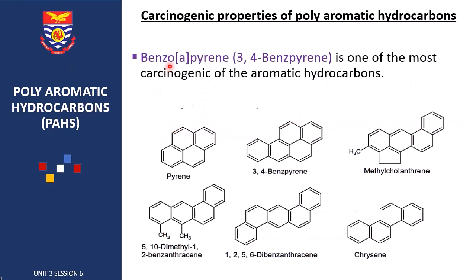Okay, so these are all other examples of these carcinogens. So these cancer-causing agents, these are all examples of polyaromatic hydrocarbons with harmful carcinogenic properties, with benzo-A-pyrene, also known as 3,4-benzpyrene, being the most harmful.